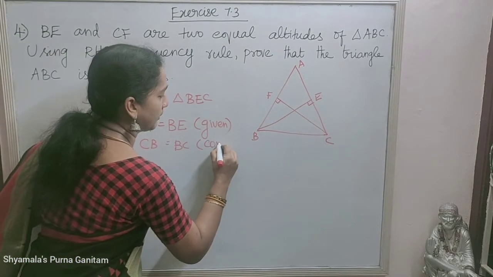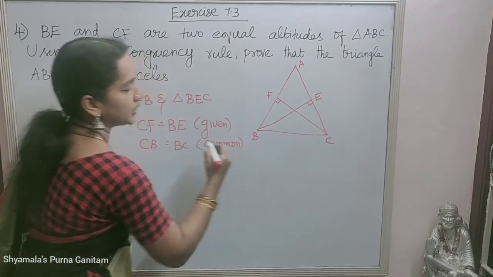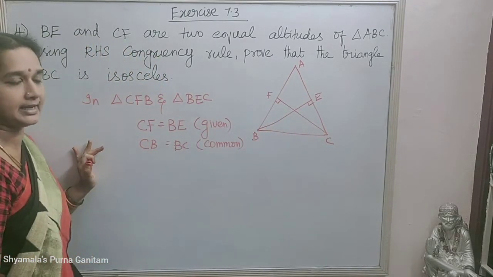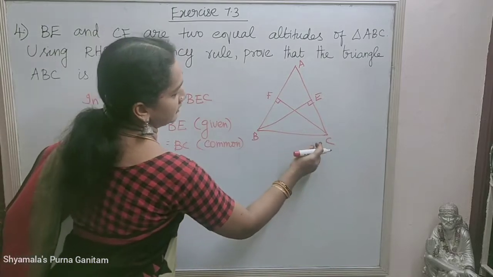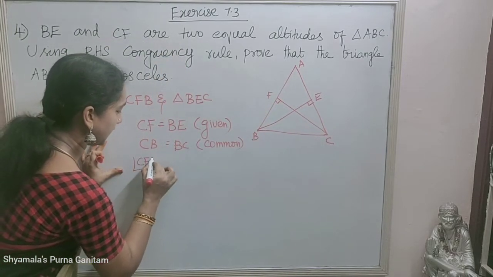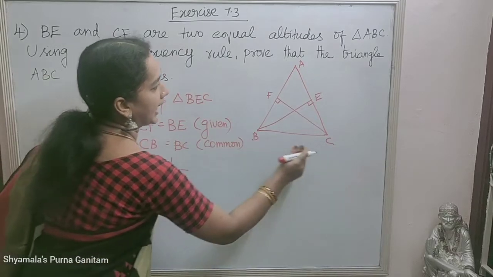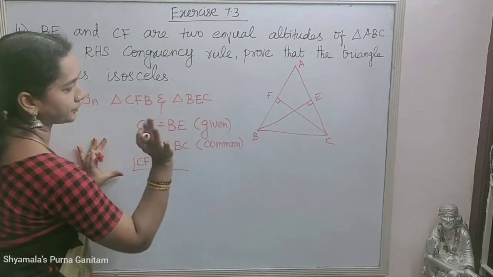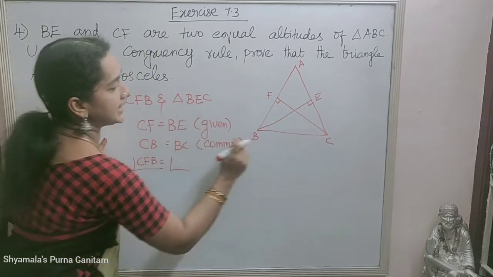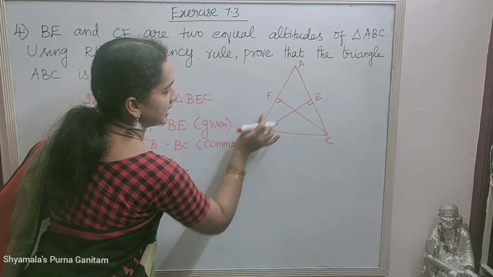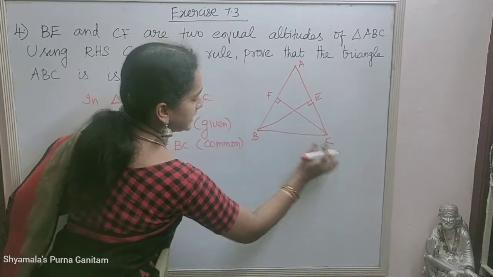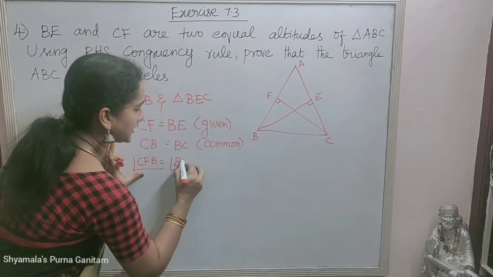This is the common side. Then angle E and angle F are 90 degrees. So we will write angle CFB is equal to angle BEC.